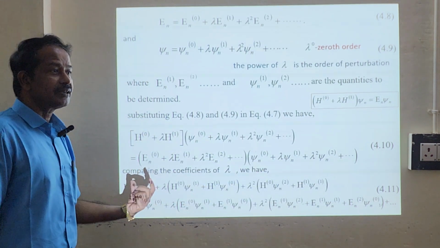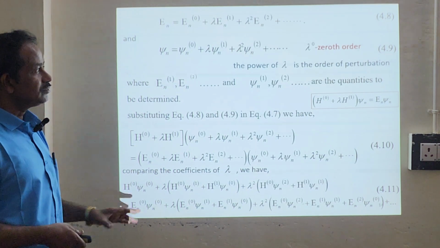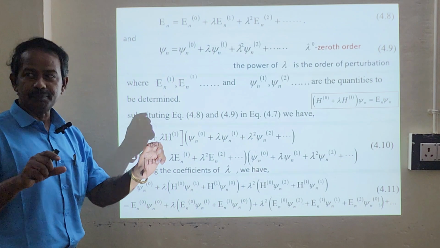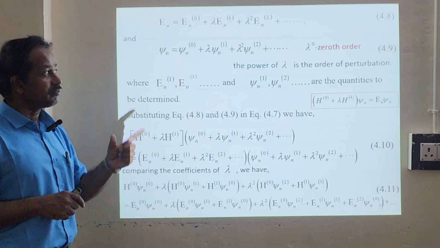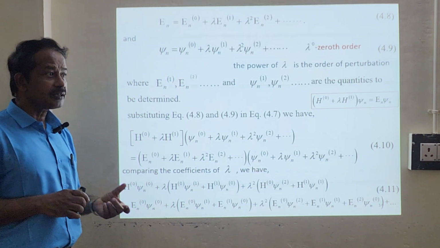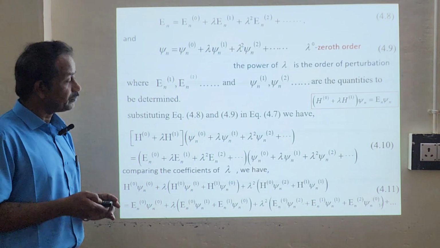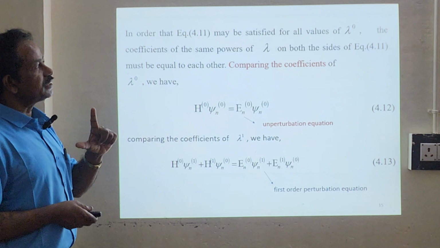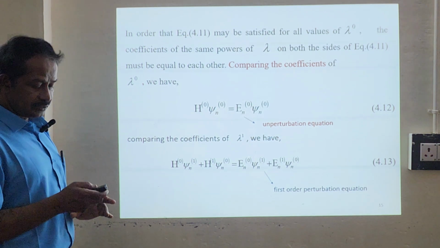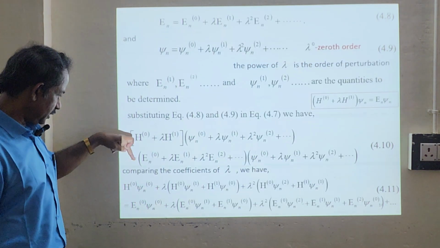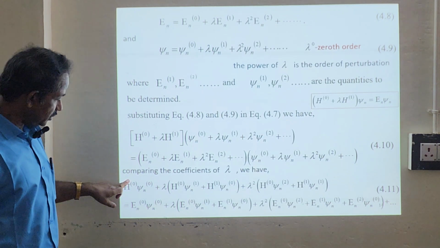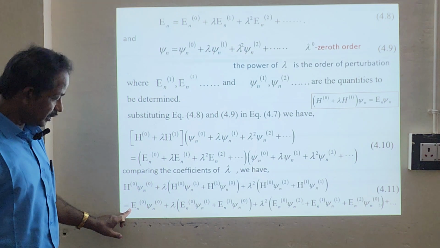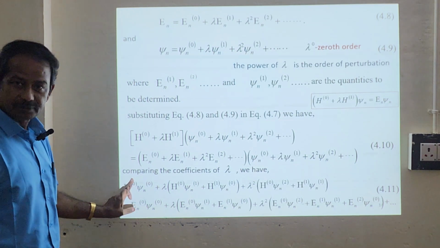Now we are going to compare the coefficients. I said the power of lambda is the order of perturbation. We take the first one: H0 acts on psi n0, which gives En0 with psi n0.